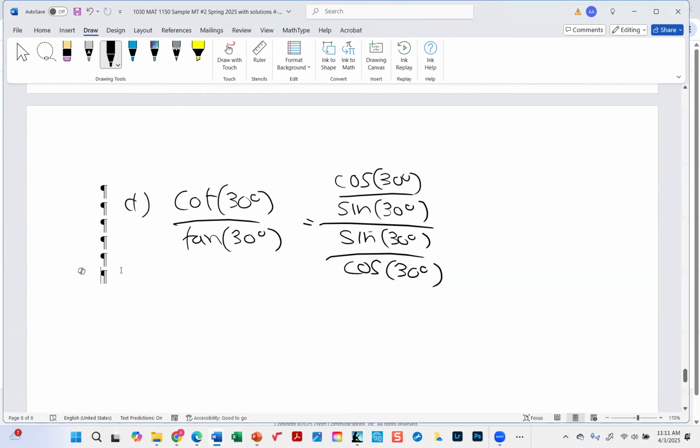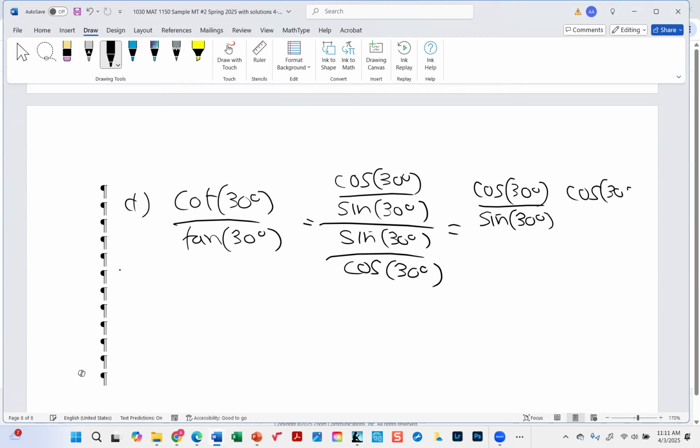So if you rewrite that as the product of the numerator and the inverse of the denominator, unfortunately, there's no cancellation. Instead, what you end up with is cosine squared 30 over sine squared 30.